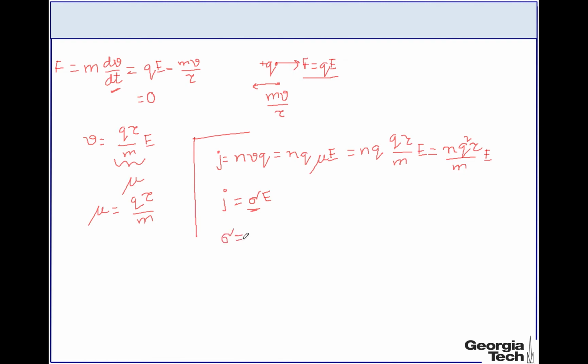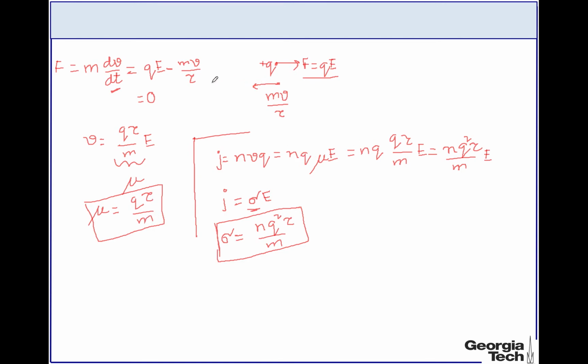So sigma equals N q squared tau over m. So we get one relationship here of conductivity with respect to the microscopic parameters of the materials, and then we have another equation for mobility in terms of the microscopic parameters of the material.